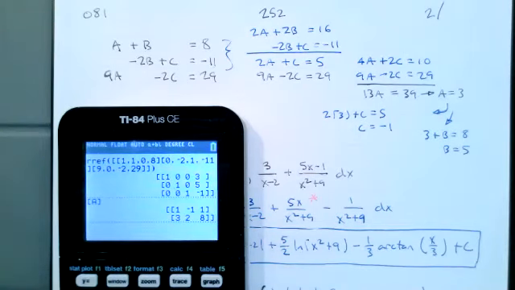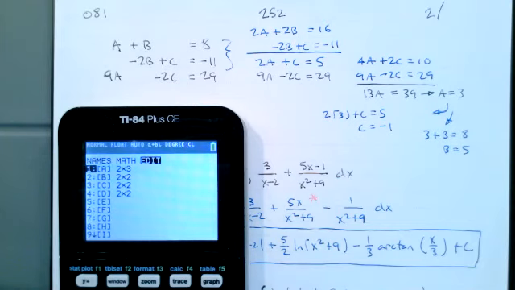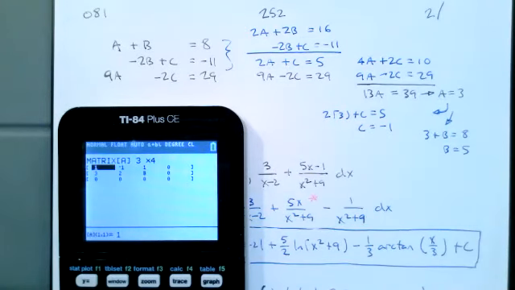So I have to go into the matrix editor and edit my A matrix to be a 3 by 4 matrix. And then it's a 1, enter, 1, enter, 0, enter, 8. And then the next one is 0, enter, negative 2, enter, 1, enter, negative 11. 9, enter, 0, enter, negative 2, enter, 29, enter.